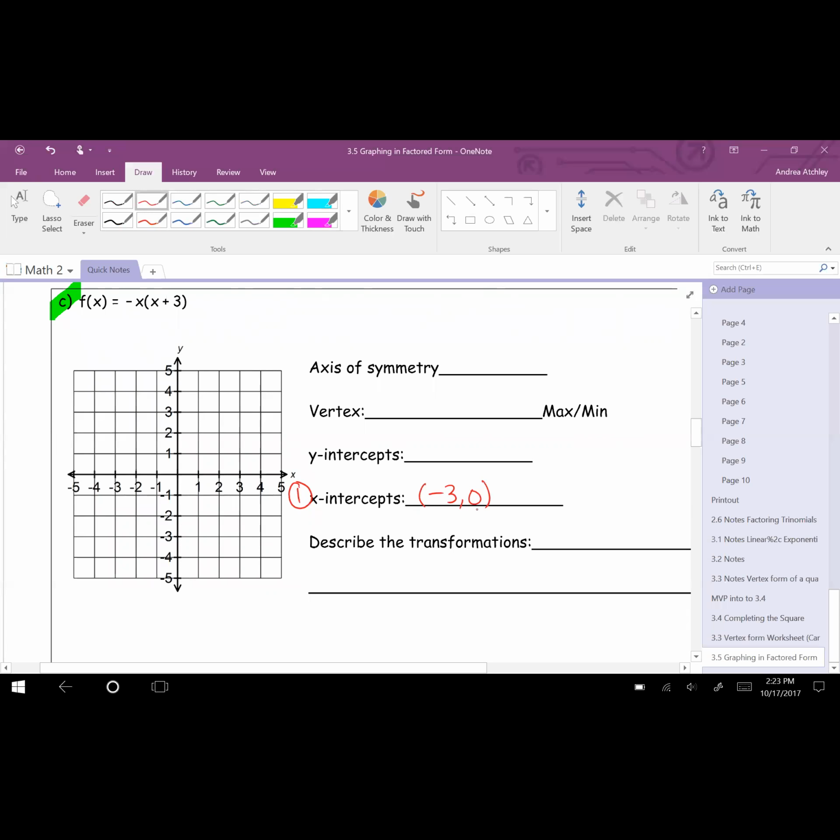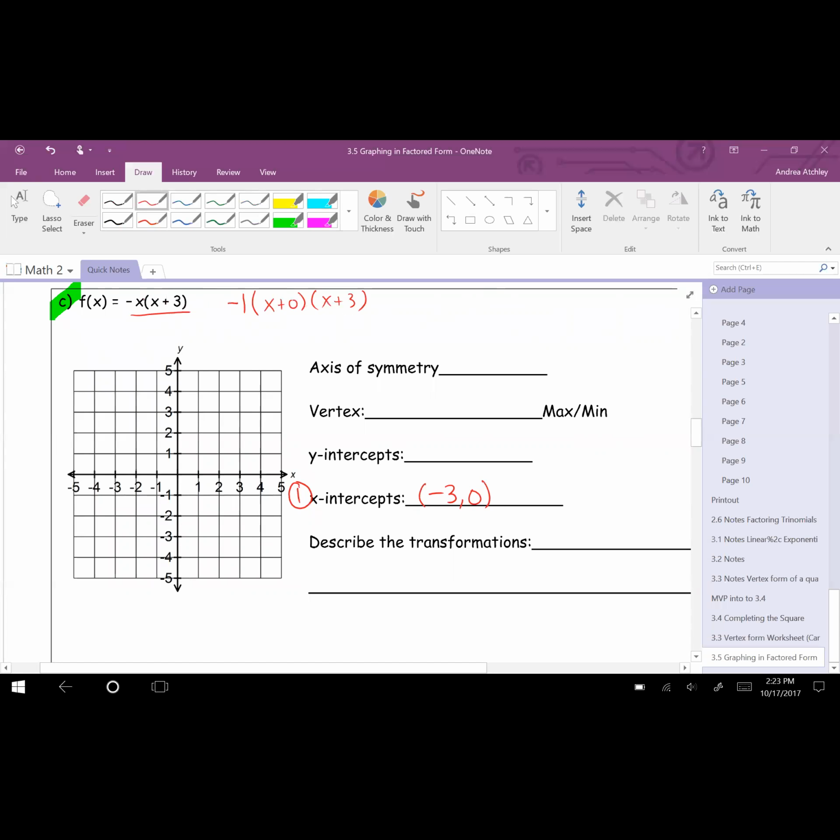Does someone know the other one? Yeah? It's not 1. It's 0. Because I have this right here, it's kind of like -1 times x plus 0, and then x plus 3.